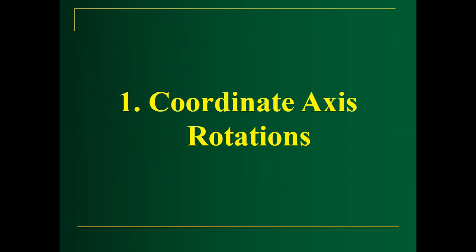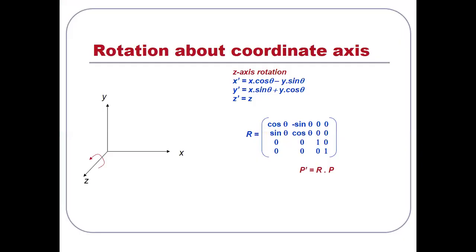First one, coordinate axis rotations. It is pretty much straightforward. It's just a copy paste of your 2D rotation, and all you need to do is add the z coordinate. So let's see the z-axis rotation. An object which will be rotated along the z-axis. We know this formula from our 2D rotation.